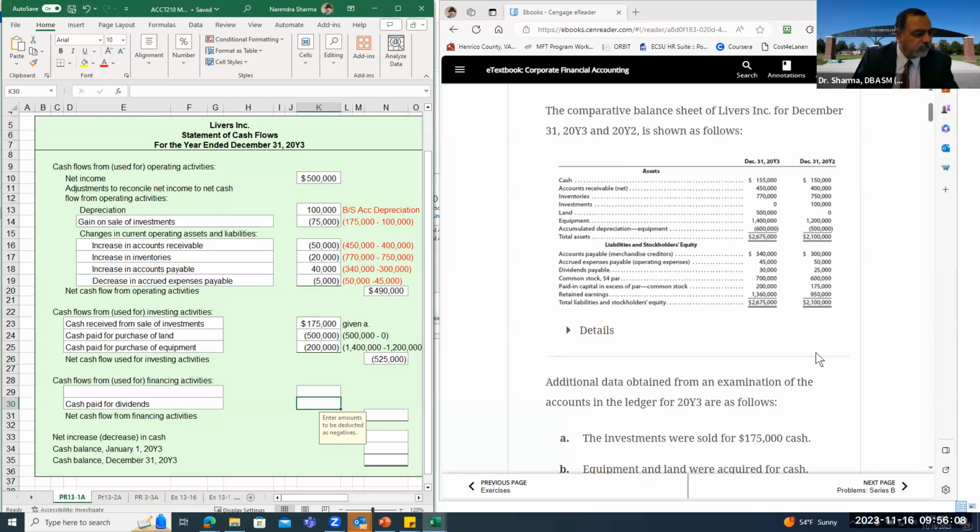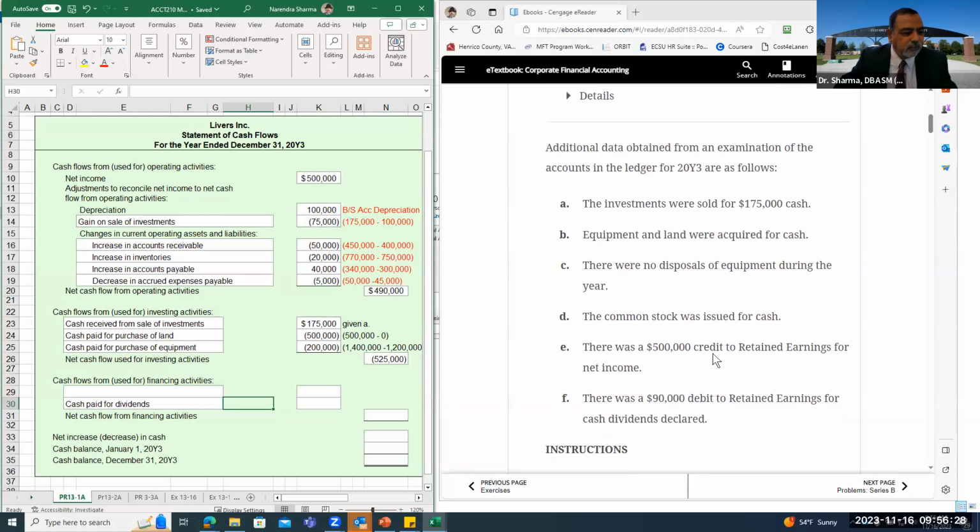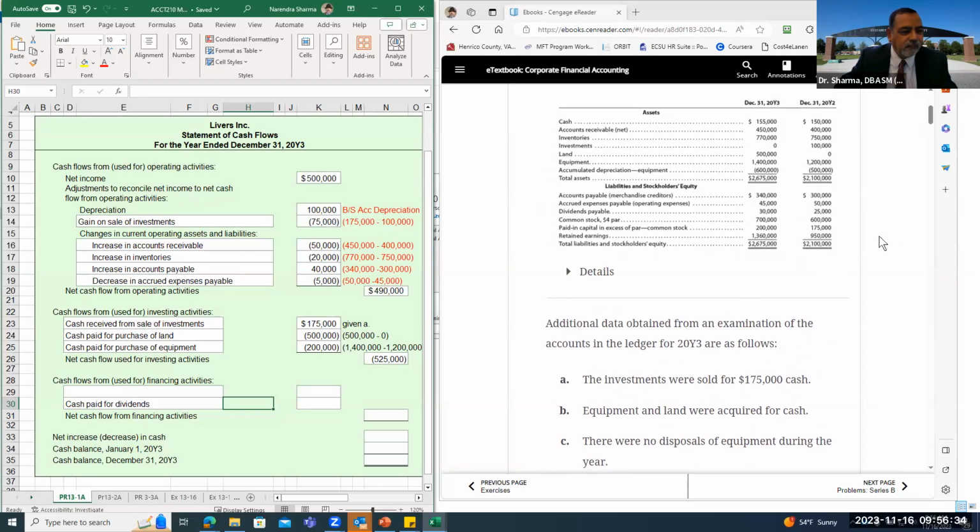So that is not 90,000. I have to adjust because there was a dividend payable. If you look at the balance sheet, dividend payable was 30,000 and 25,000. So I paid 5,000 out of that total 90,000. Because this is a debit for retained earnings of cash dividend, out of that, 5,000 is for the previous.